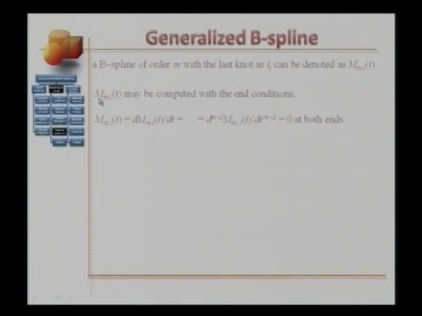That is, Mmi of t may be computed with the following conditions. Mmi of t is equal to the first derivative of the function is equal to the second derivative of the function up till the m minus 2th derivative of order m B-spline, and we set all these derivatives as 0, and we do that at both the ends, the end on the left and the right. How many conditions do you think there will be? There would be 2 times m minus 1 conditions.